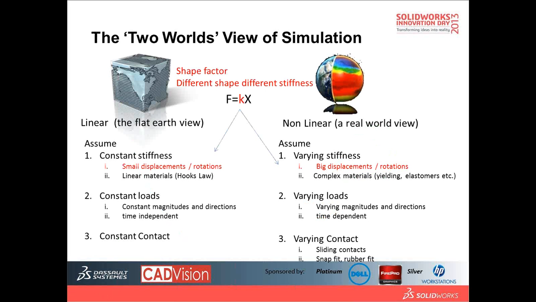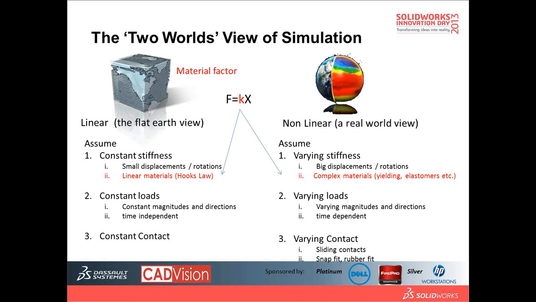Shape factor is one of the major factors affecting the stiffness. Another one is material factors. We have a linear material model for linear analysis, and non-linear material models for non-linear analysis.